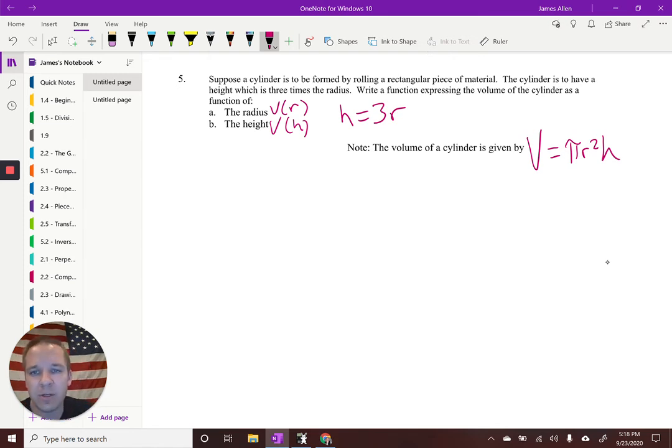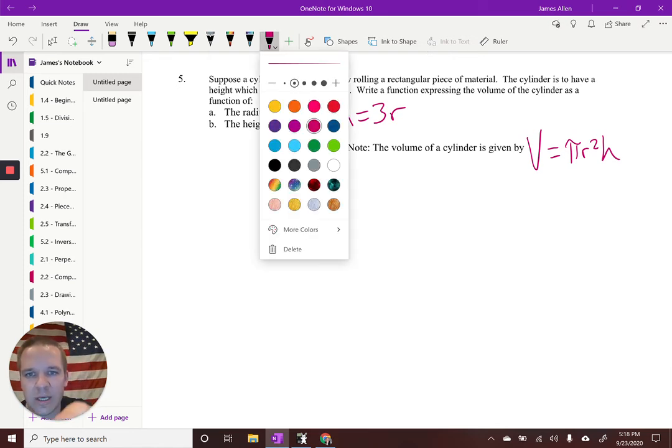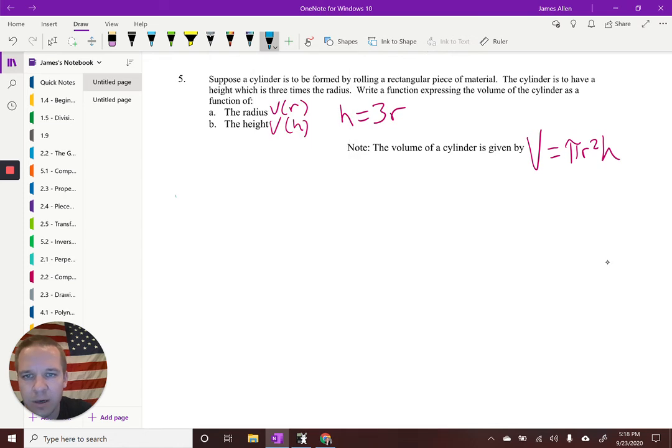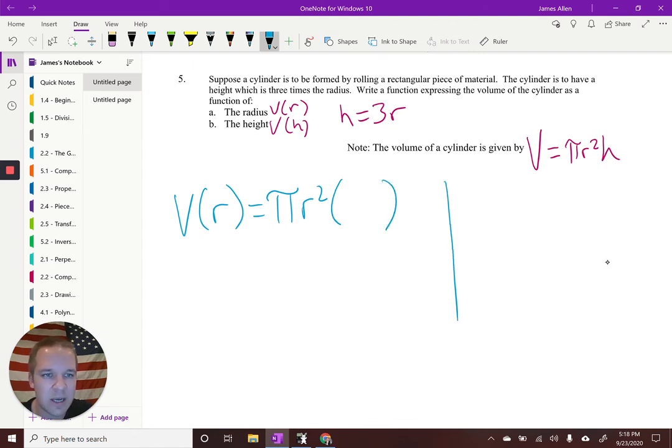All right. So if I'm going to do the volume, let's start with this one. I'll do this in a different color. Let's go with the blue here. V of R. We'll do that one first. All right. So if I want the volume as a function of the radius, that means I only want R left over, right? So pi R squared, and then I'm going to leave a set of parentheses here. Now let's take our height equals 3R.